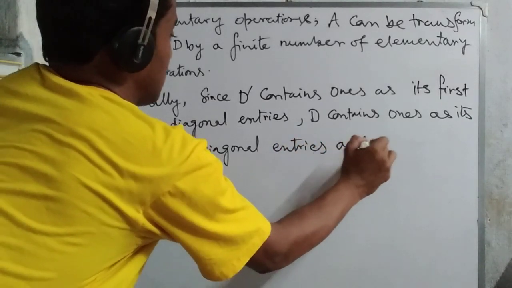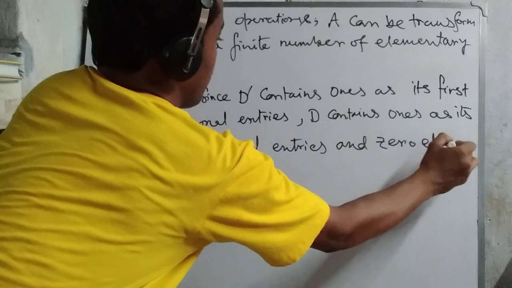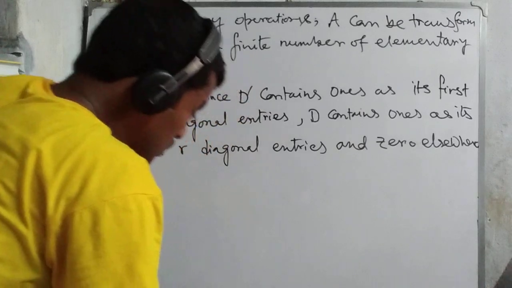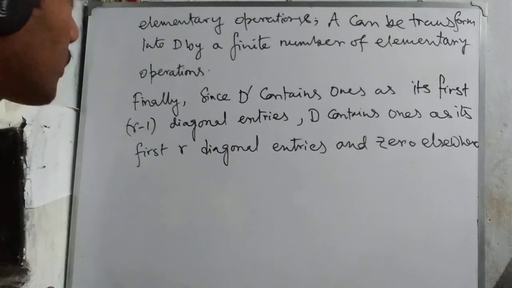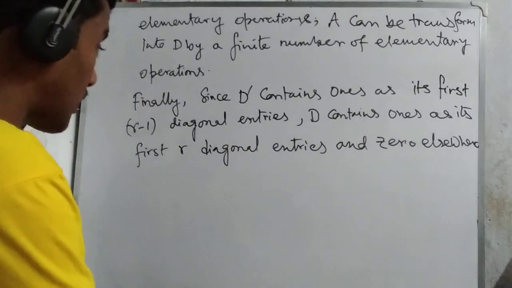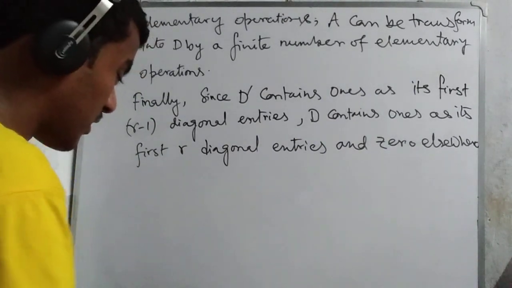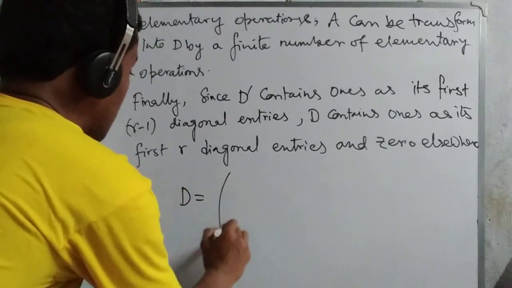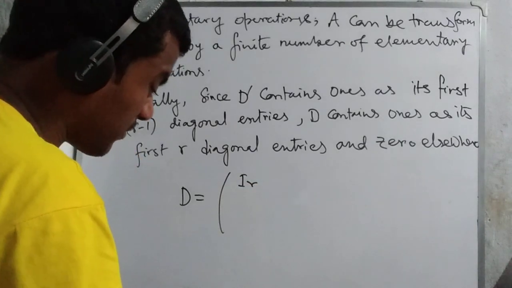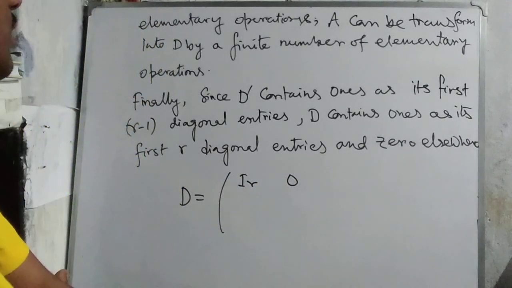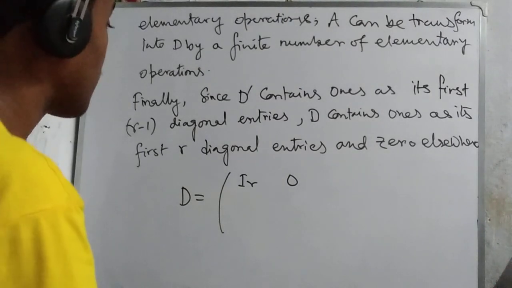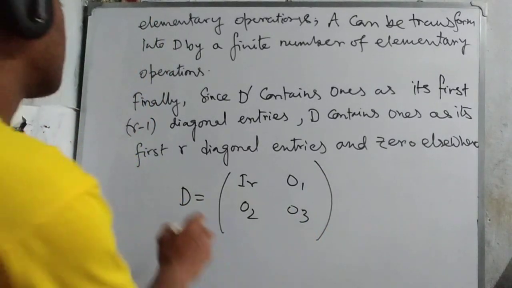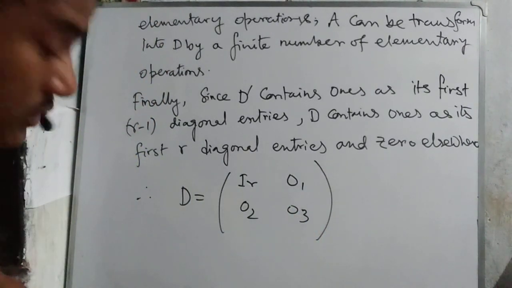So we have established this theorem. For the first r diagonal entries it is 1 and the other ones are 0. So we obtain this D and we also prove this theorem.